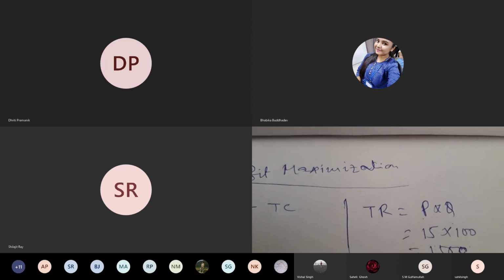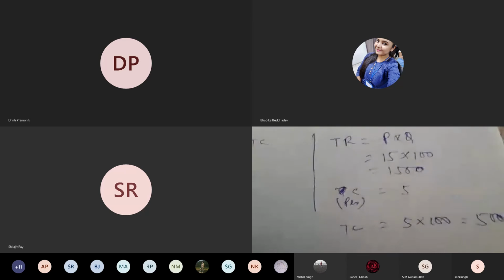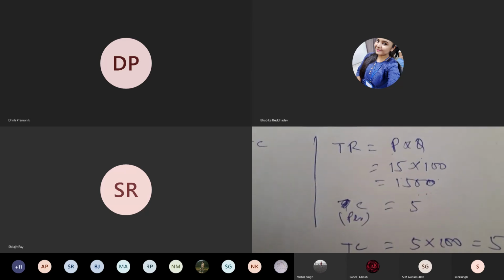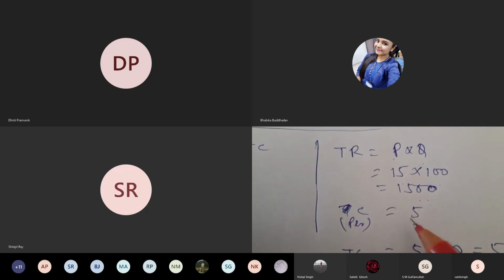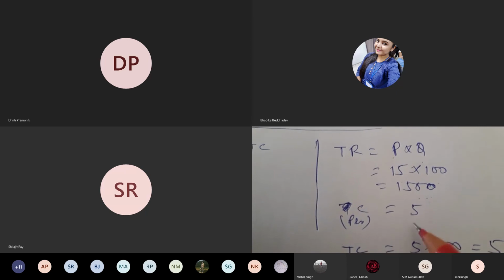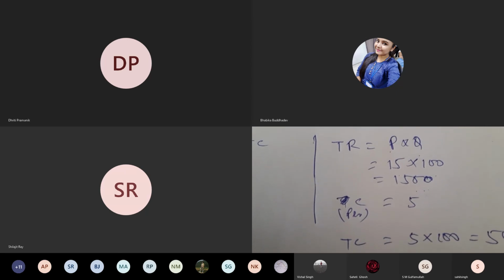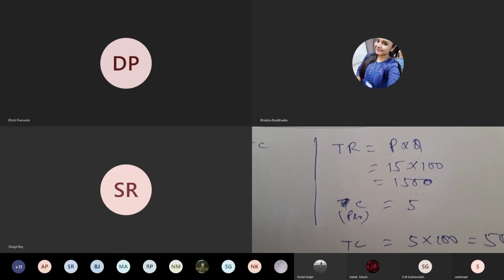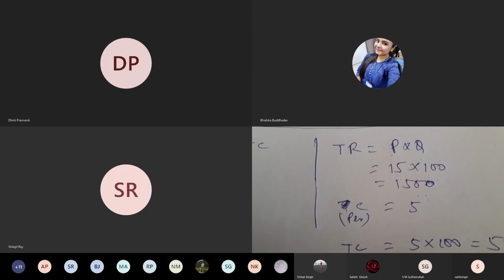In a mathematical problem, this 500 total cost may be given, or per unit cost may be given. If per unit cost is given, you have to multiply it by the number of units of output produced. That will give you total cost.